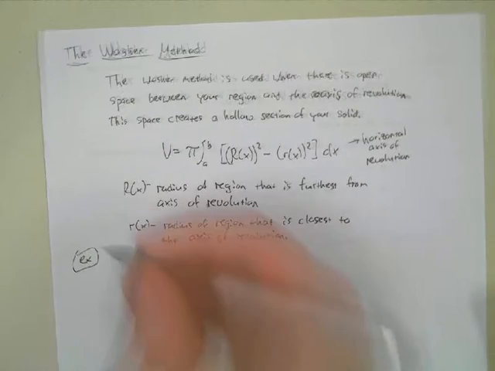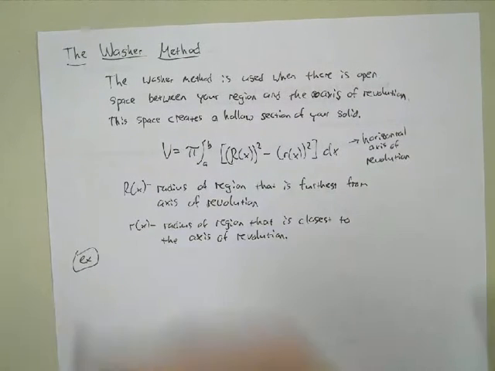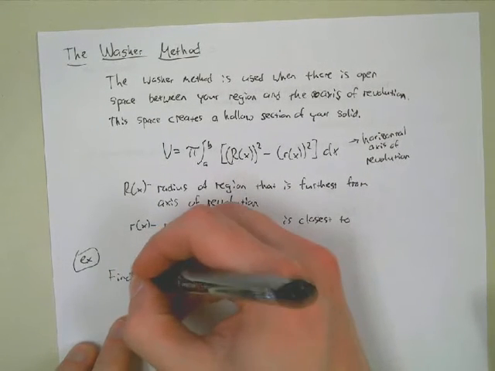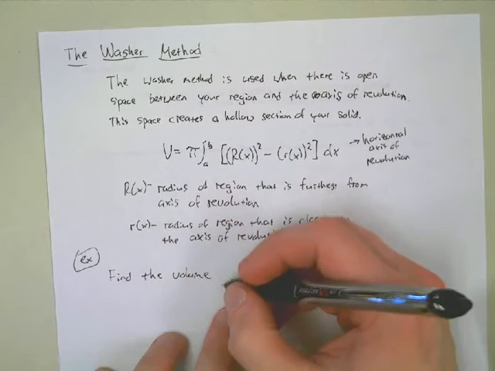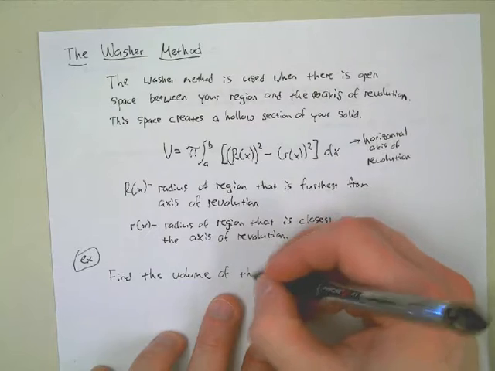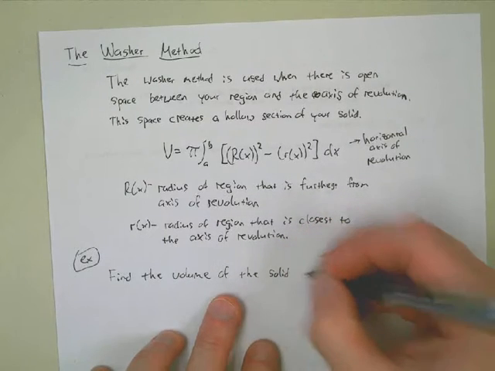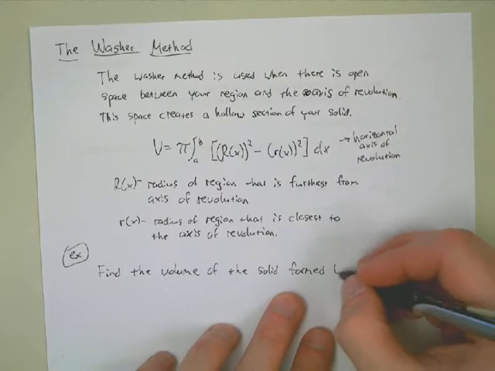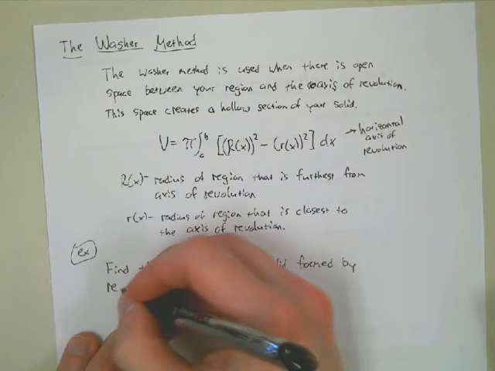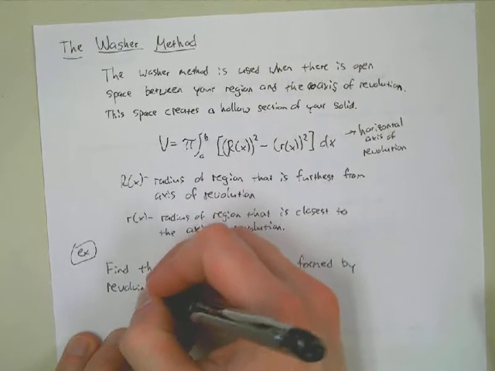So, let's do one. Find the volume of the solid formed by revolving the region. It's kind of dry writing the same thing over and over again, but there's no real other way to write these problems.